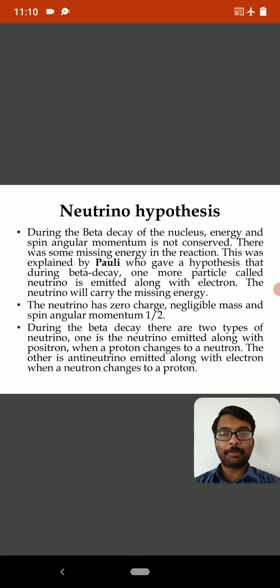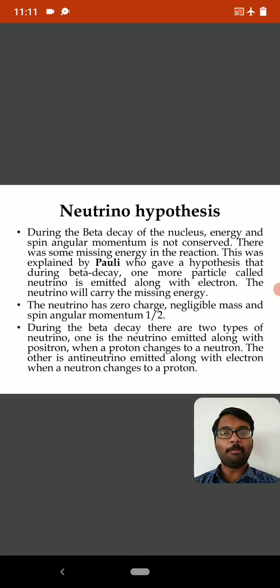Then, in order to explain some of the properties of these neutrinos or antineutrinos, the scientist Pauli gave a hypothesis which is known as the neutrino hypothesis. During beta decay of the nucleus, energy and spin angular momentum were found not to be conserved.